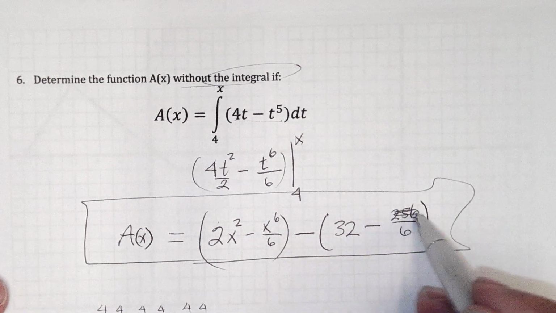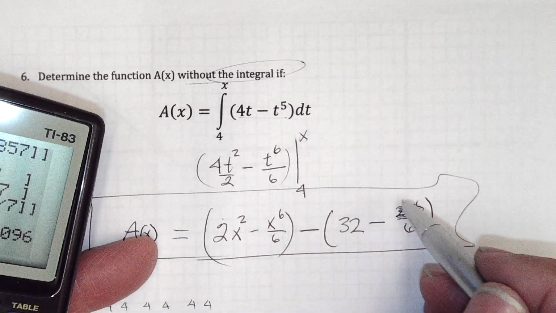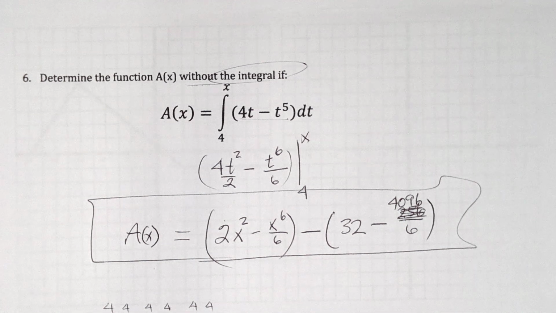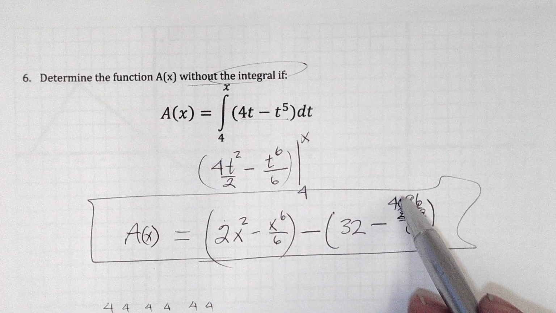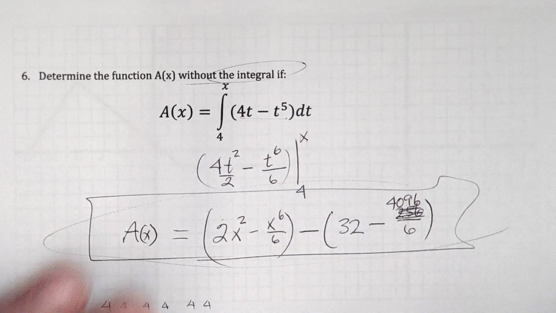That's more than 256. Okay. Need to pull out a calculator and get this figured out. 4 to the 6th. Much bigger than what I had. And 2 would go in both of these and reduce. But anyway, that's a better answer than what I had.